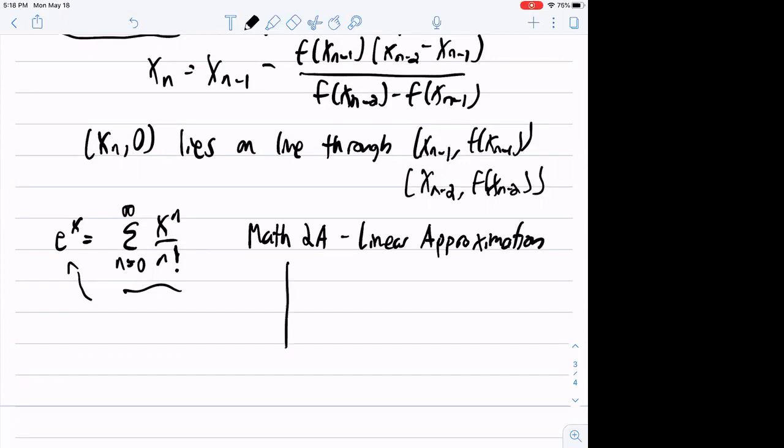But if you have e to the x or natural log, these things are curvy. You can approximate, but you can't get equality using just linear approximation, because linear approximation is just lines. There's no way you're going to make straight stuff into curvy stuff.